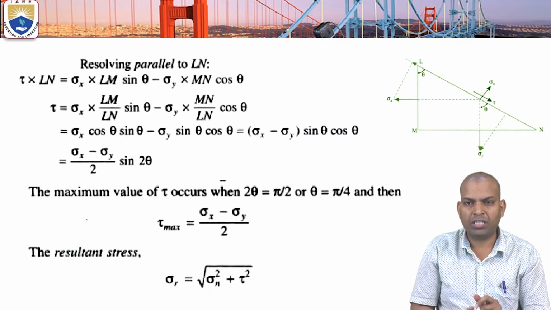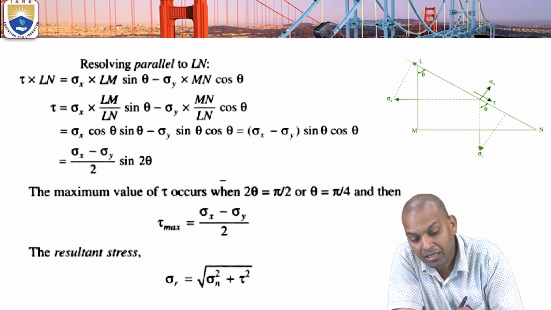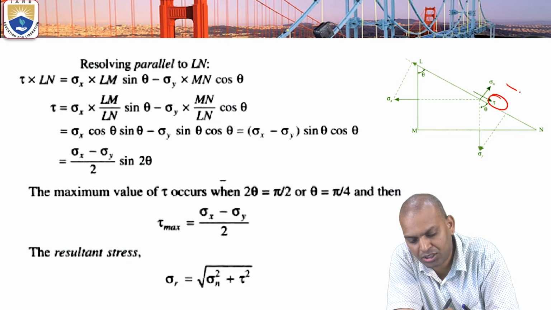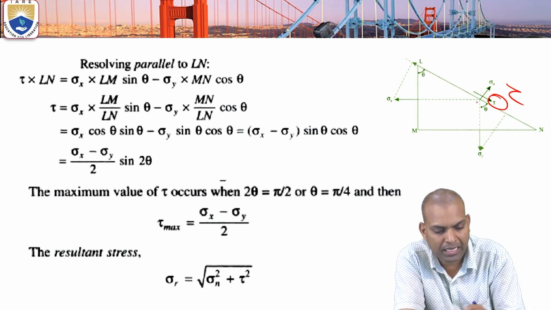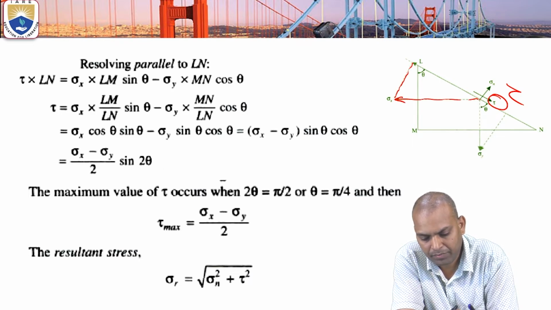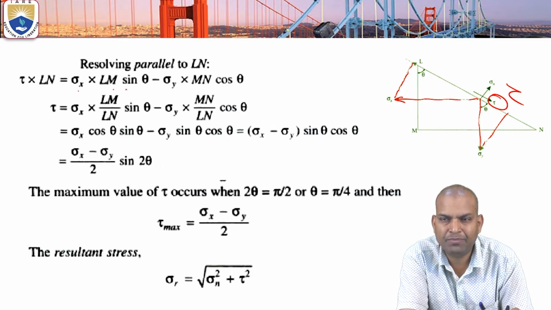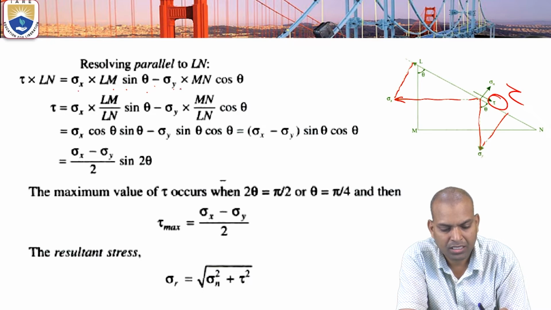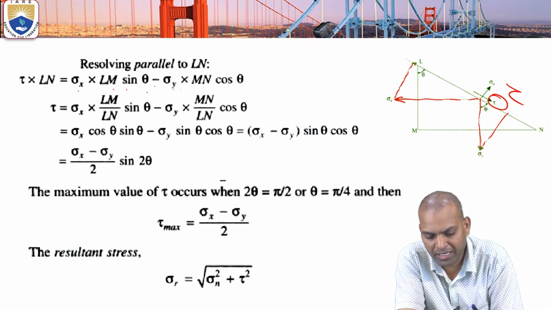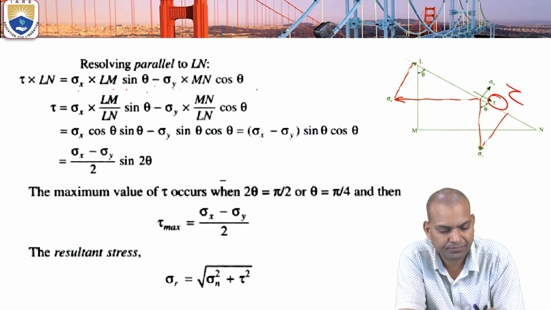Now next we have to resolve parallel to LN. Resolving parallel to the LN plane gives the shear stress, that is tau. Tau into LN equals sigma x into LM sin theta minus sigma y times MN cos theta.